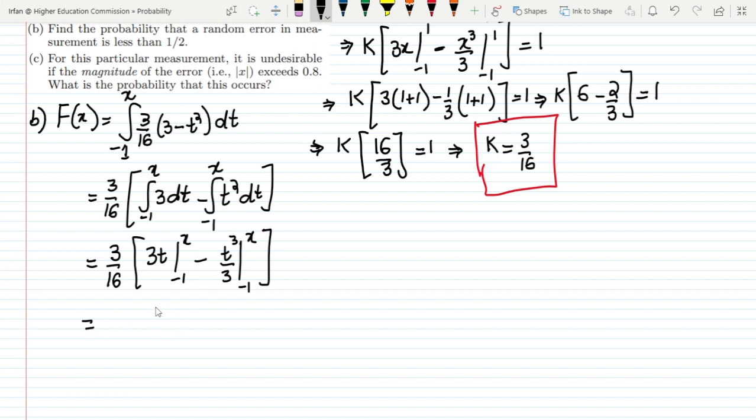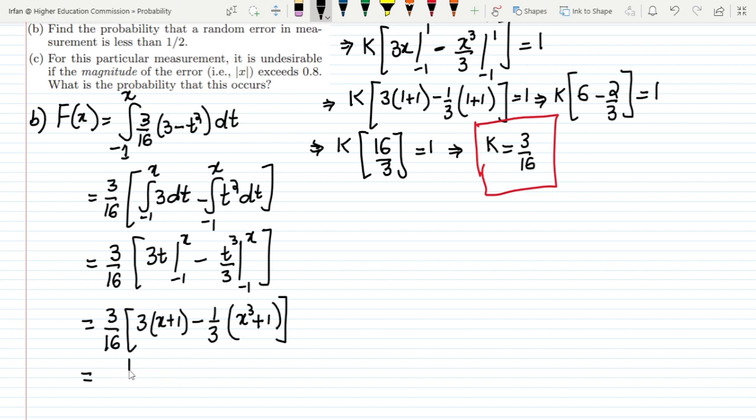Simplifying it, at the end I will get 3 by 16 times 3 (x plus 1), because x and minus 1 will give plus 1, and similarly minus 1 by 3, and here this will be x cube, and minus this will be plus 1.